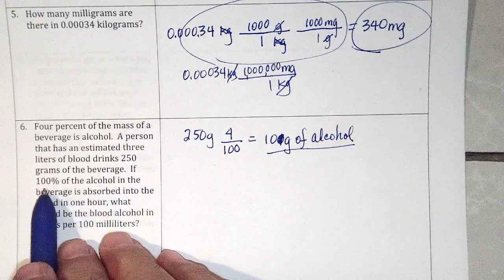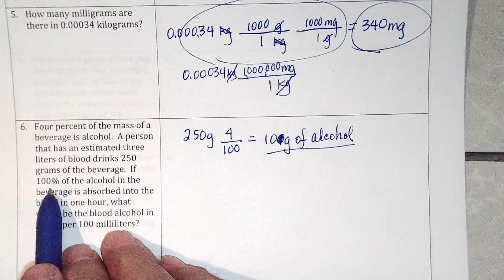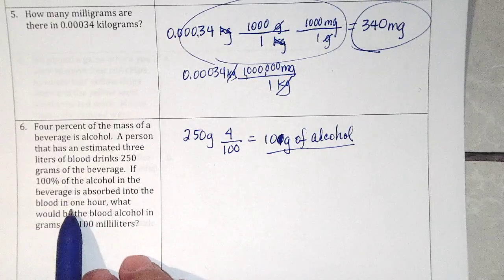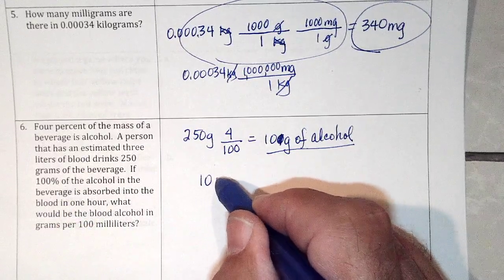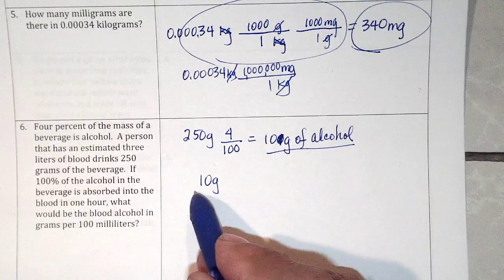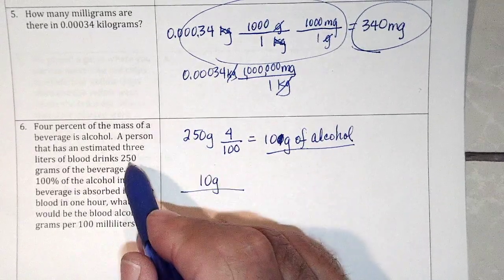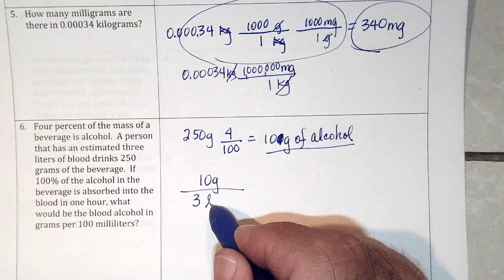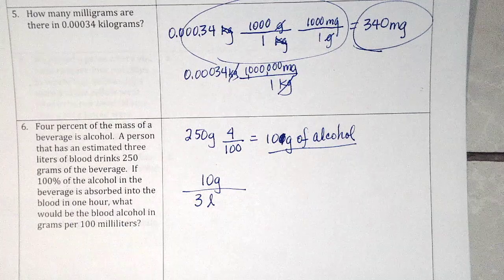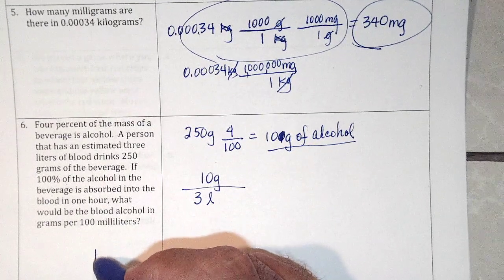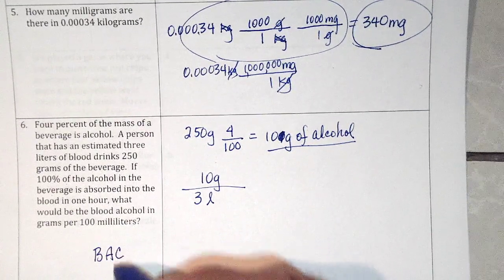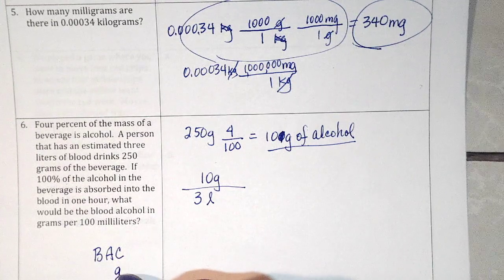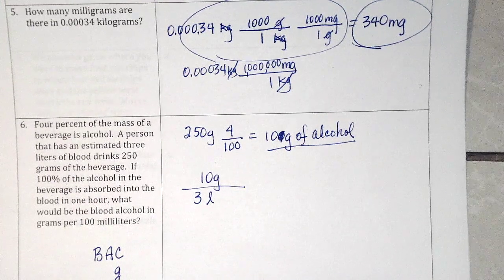Now, if all of that goes into the bloodstream in an hour, so you've got 10 grams of alcohol in the 3 liters of blood. But you need to know that blood alcohol content is, the units are grams per 100 milliliters.